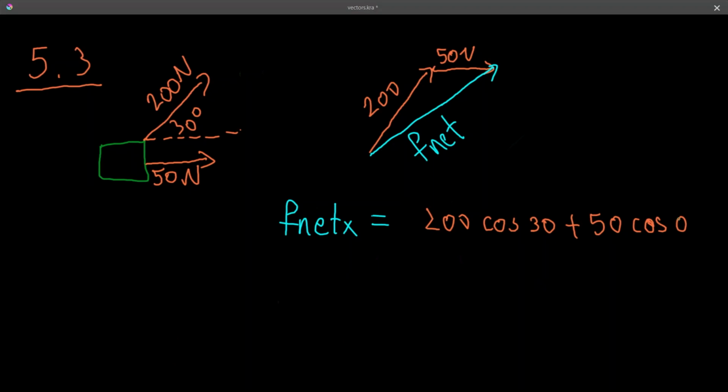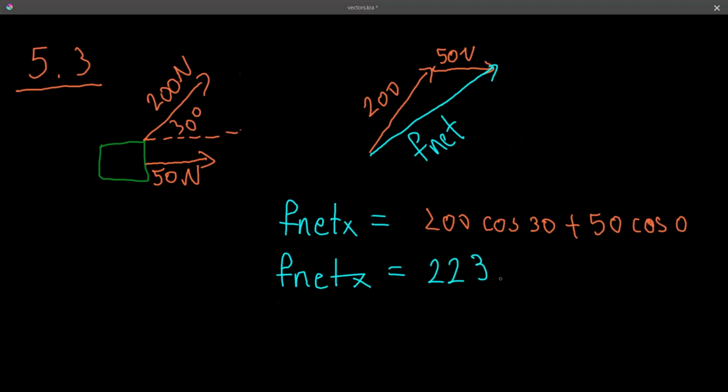And this would give you F net x is equal to 223. So F net x would be equal to 223 point, or you know what, let's just keep it 223.